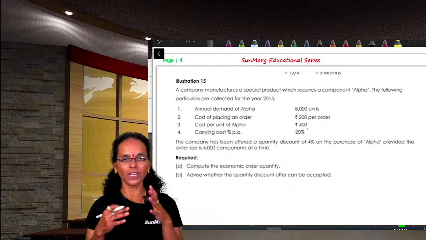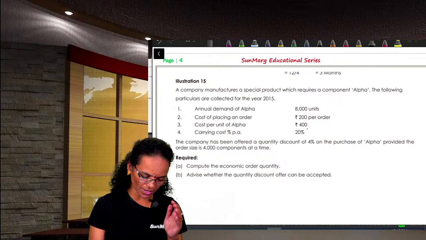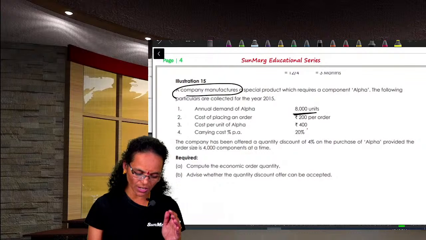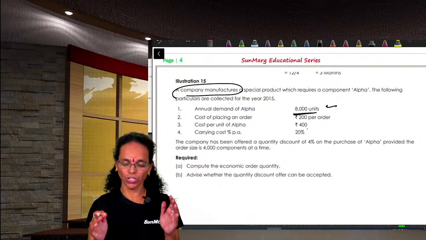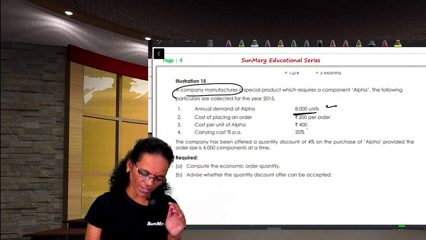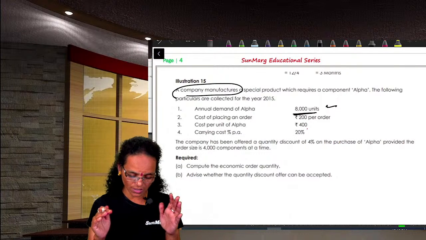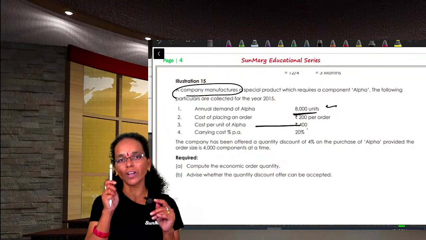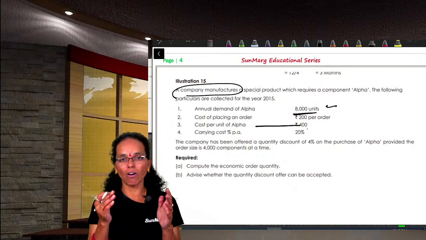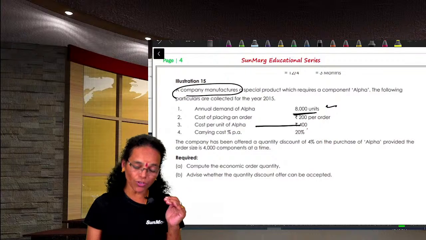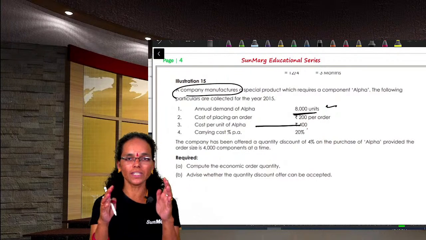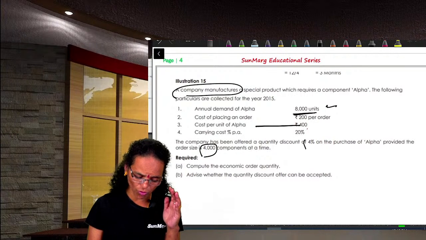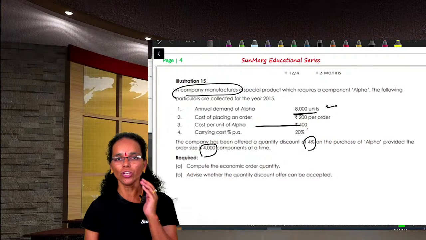Take an example, we are a manufacturing company and we need components of 8,000 units. But when we ask the vendor, he says 400 rupees is the cost for 1 unit. But he is giving one offer: if you purchase 4,000 units in a single go, you will be given 4% discount on your purchases.